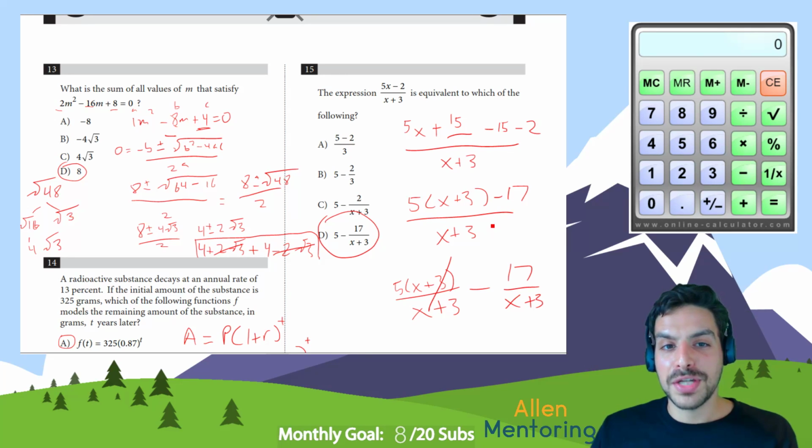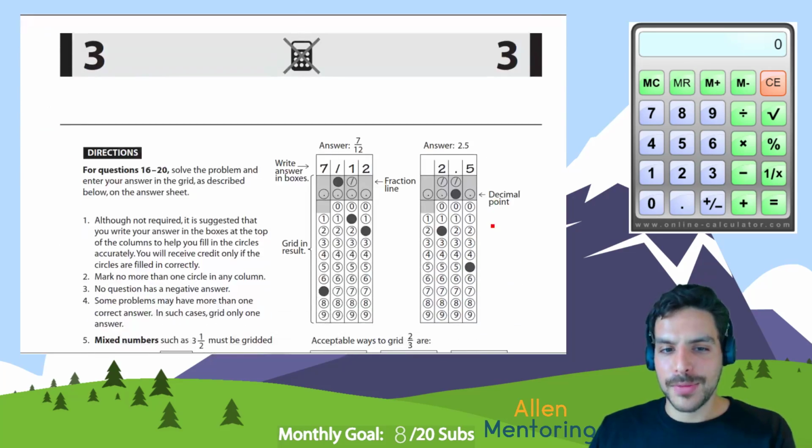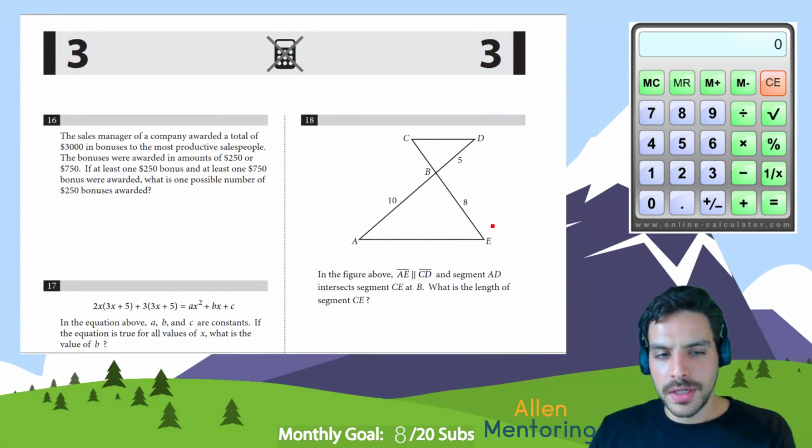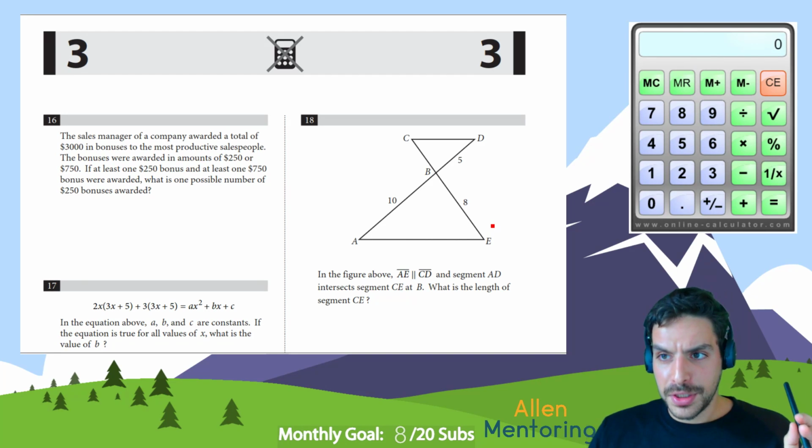Don't waste your time on really hard problems when really easy problems are coming up. And definitely never leave anything blank. So if you're going to skip it and come back later, remember to just circle something in.